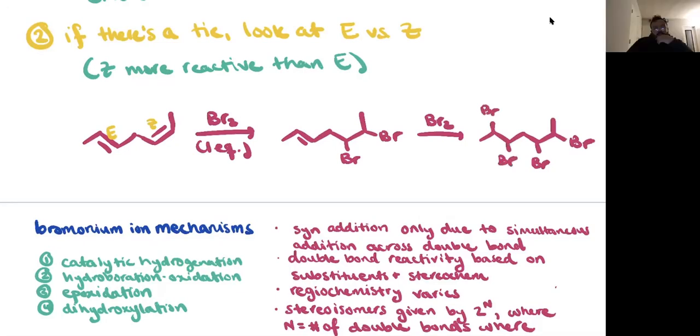Cool. So now that you ask, how many stereoisomers will we observe here? Four. Actually, you're right. Just two, right? So this one, let's see.